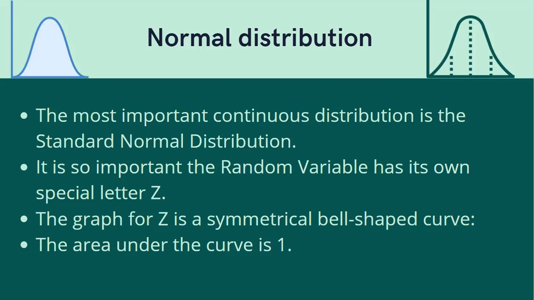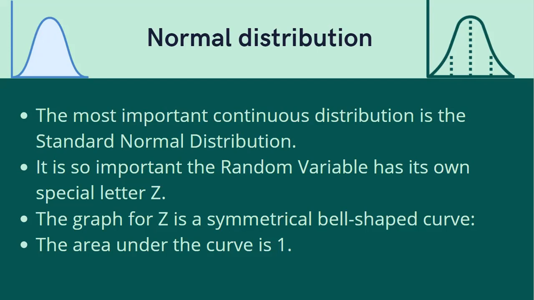It is so important that its random variable has its own special letter Z. So it has a variable Z which denotes the normal distribution, and the area under the normal distribution, as you can see in the top figures on the left and right, is how a normal distribution looks, and it's symmetric.